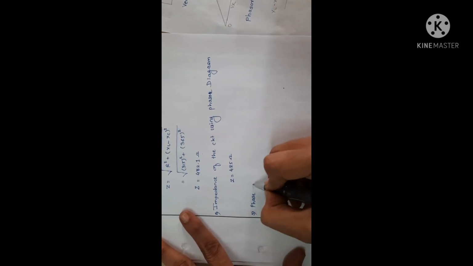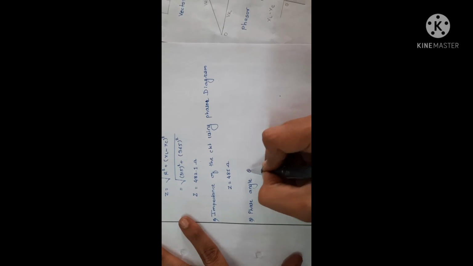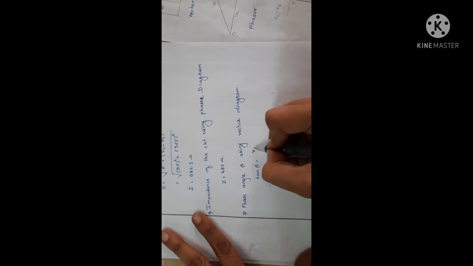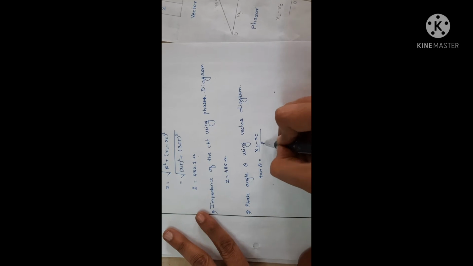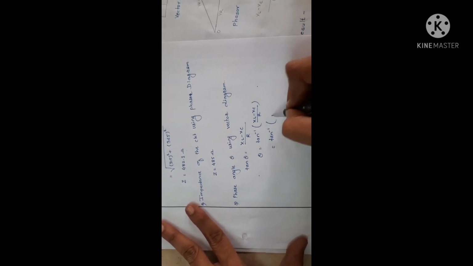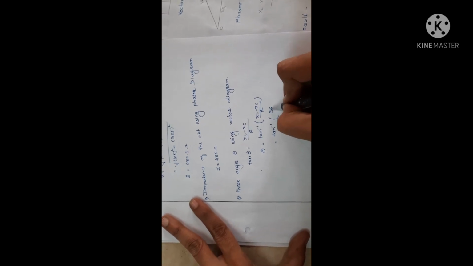Now in order to calculate the phase angle theta using the vector diagram, the formula is tan theta equal to XL minus XC divided by R. Theta is equal to tan inverse of XL minus XC divided by R, which is tan inverse of 365 divided by 315.